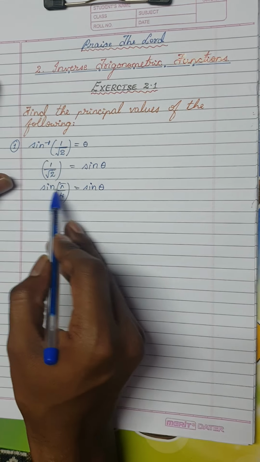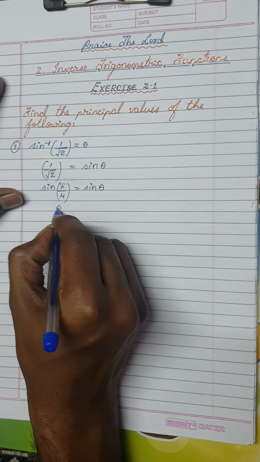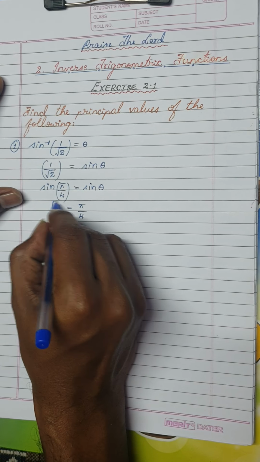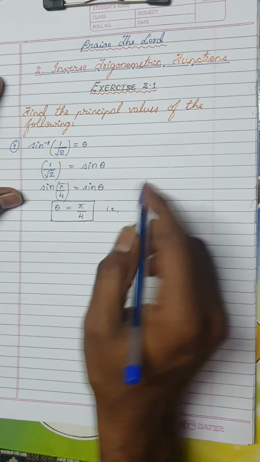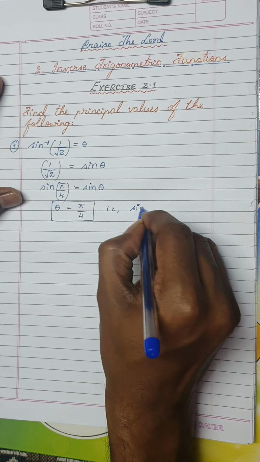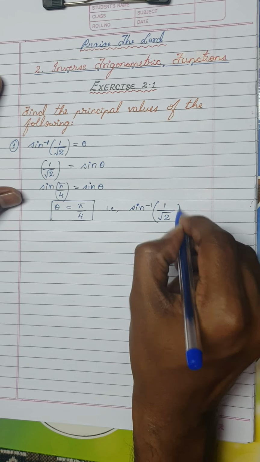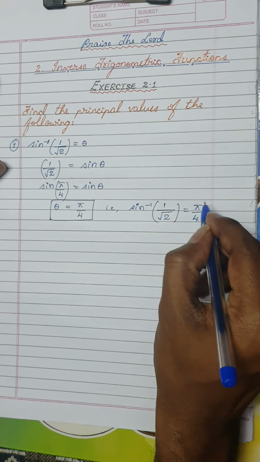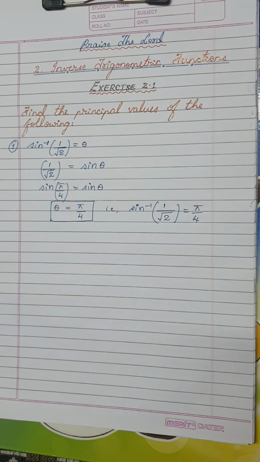Okay, now if you apply sine inverse on both sides, then theta is nothing but pi by 4, isn't it? What did we consider theta as? Theta is actually sine inverse of 1 divided by root 2. This is nothing but pi by 4. This is the detailed procedure of finding the principal value of the given function.